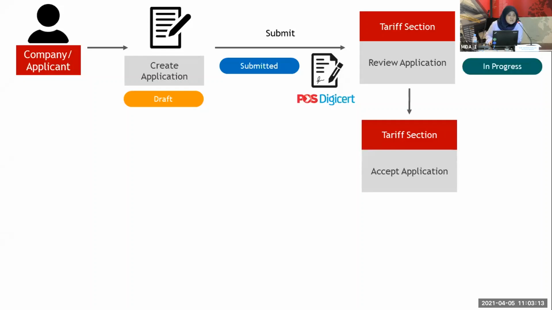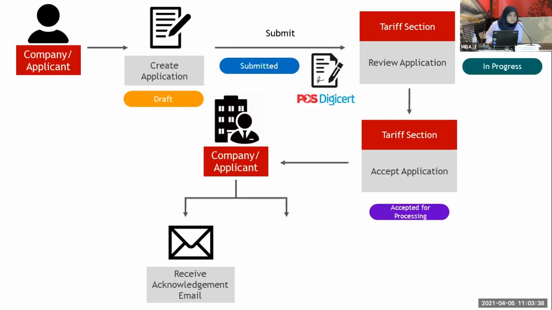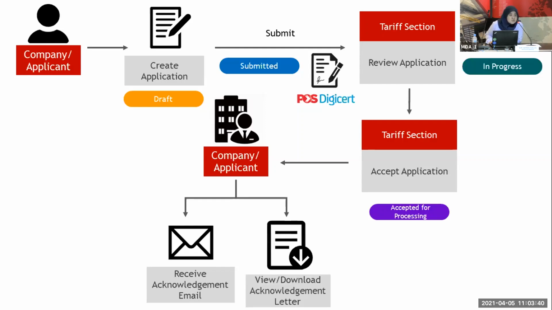Once Tariff has accepted your application, the status will be updated to accepted for processing. This is an important milestone on your application. At this point, you will receive the acknowledgement email and you can download the acknowledgement letter.